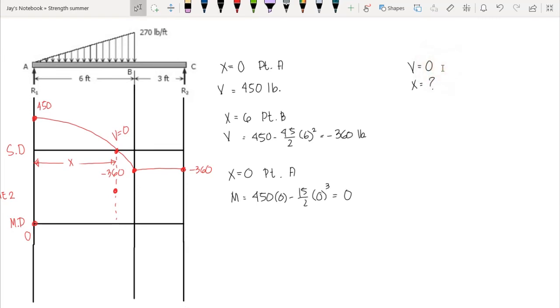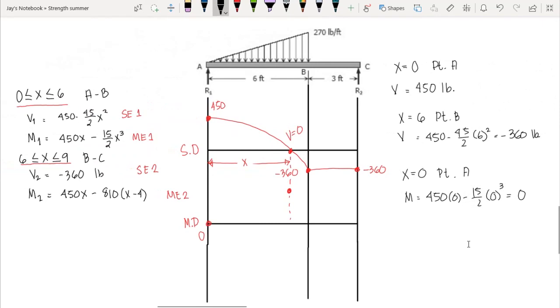We have our equation V is equal to 450 minus 45 over 2 times x squared, and we know that our shear should be equal to 0, so we get the value of x is equal to square root of 20. So therefore, the location of our shear when it is 0 is square root of 20.